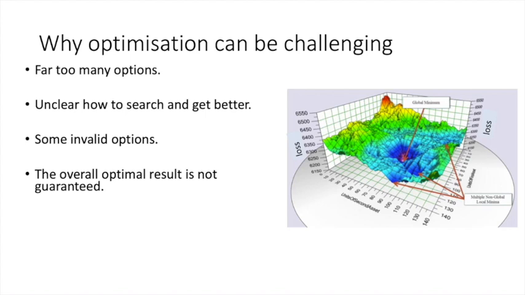Moreover, with optimization, there is no guarantee that you will always get to the best solution possible. We also call the best solution possible the most optimal solution or the globally optimal solution.